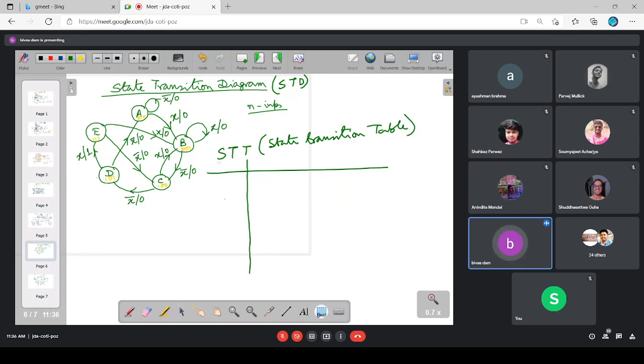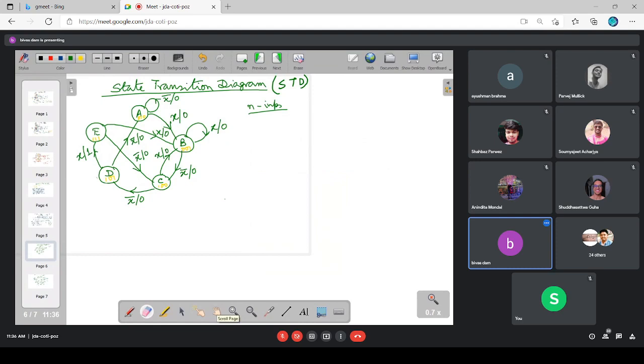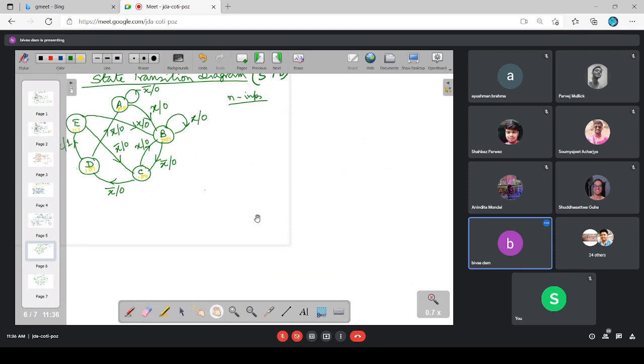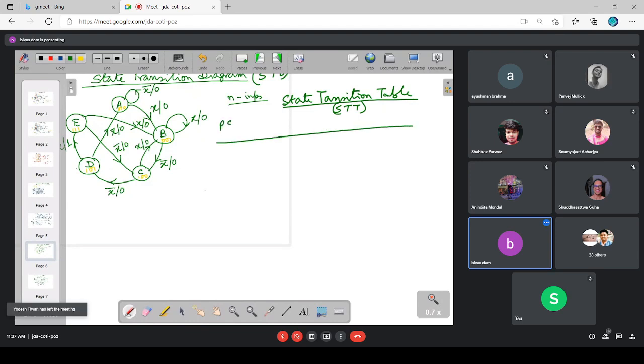In that state transition table, on the left hand side, I'll be having the present state.